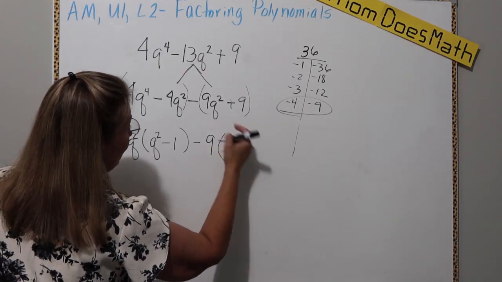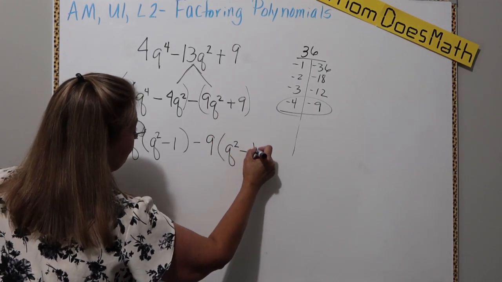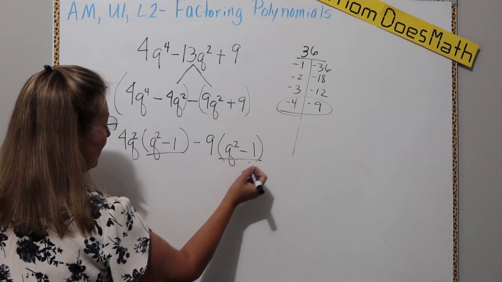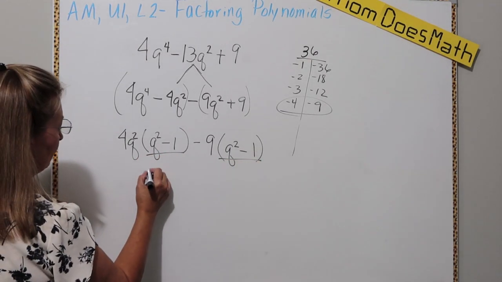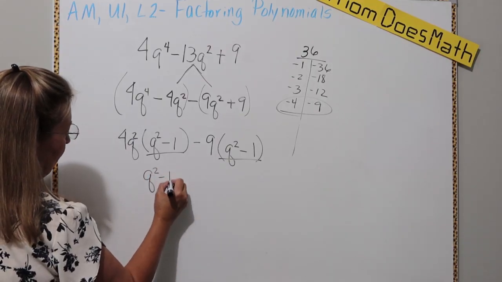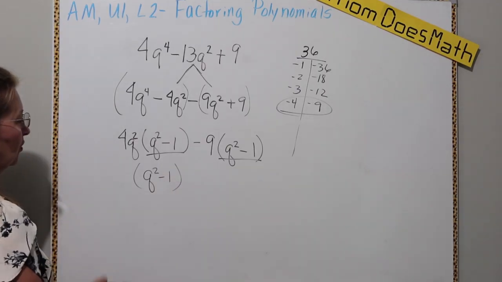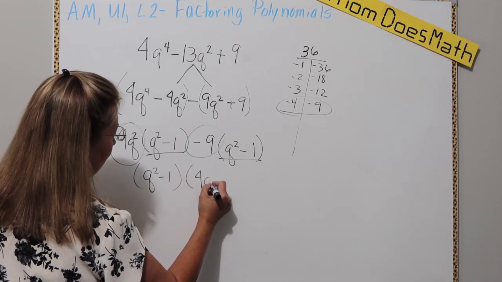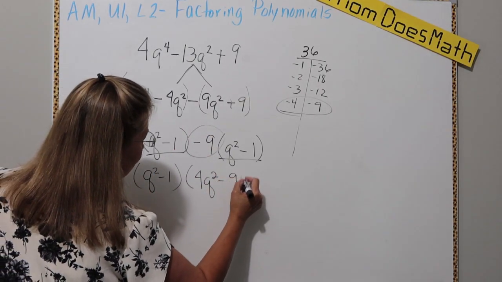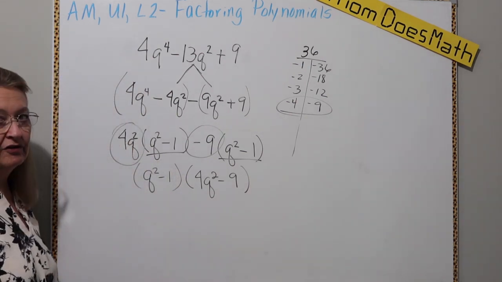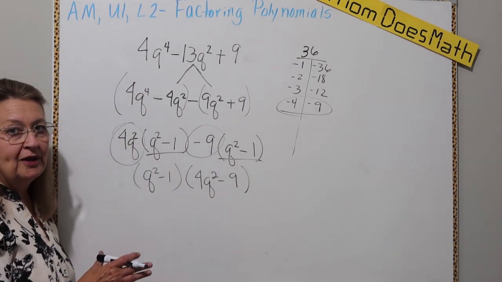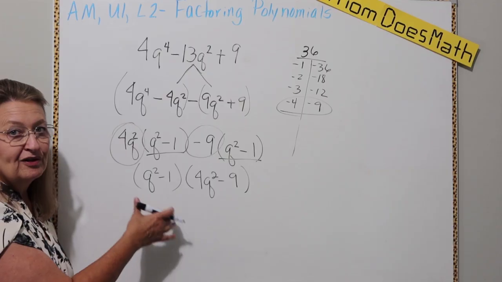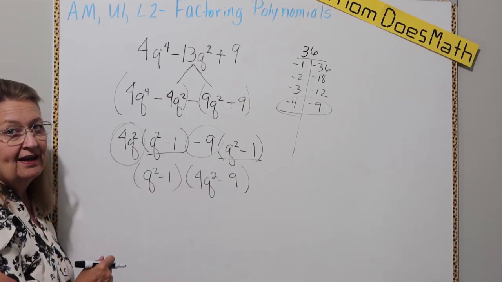The q to the second, this positive, is going to change to a negative. So now, these two things match. They become my first factor, q squared minus 1. And then this 4q to the second minus 9 becomes my second factor. Alright, now this is one of those you've got to be careful on, because you still have a difference of 2 squares in both of these sets.